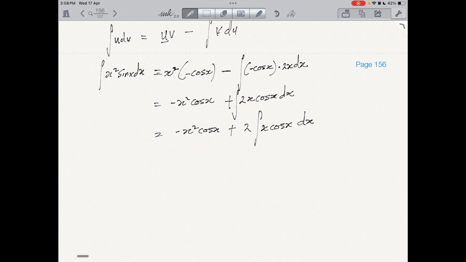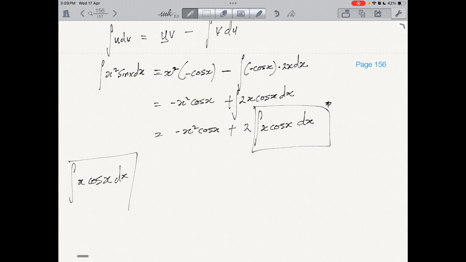Now we notice something, that the integral of x cos x with respect to x is not a standard integral, and this can only be determined by using the integration by parts formula again. So let us now integrate x cos x with respect to x.